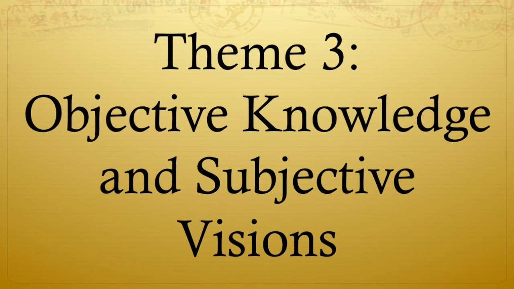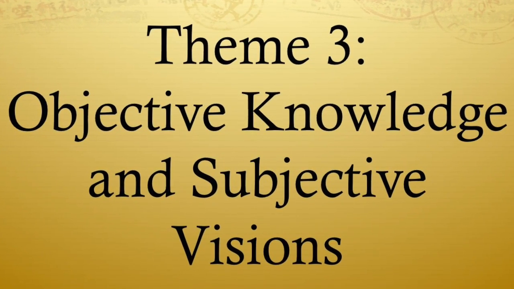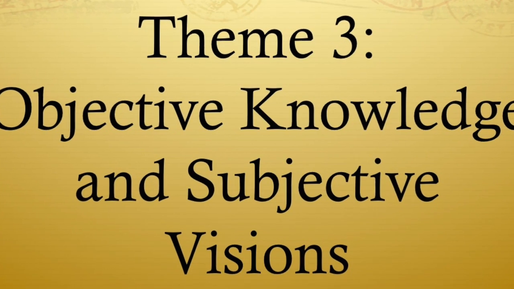Theme number 3 is called objective knowledge and subjective visions, and this is really the intellectual and cultural history of Europe. It's the study of ideas, of what Europeans see as reality, and how they then respond to that reality, and how their perception of reality changed over time.